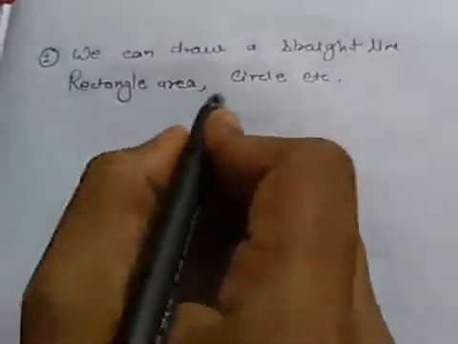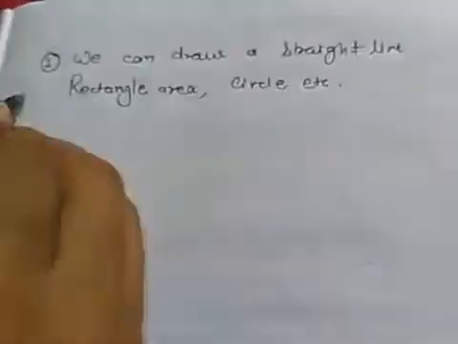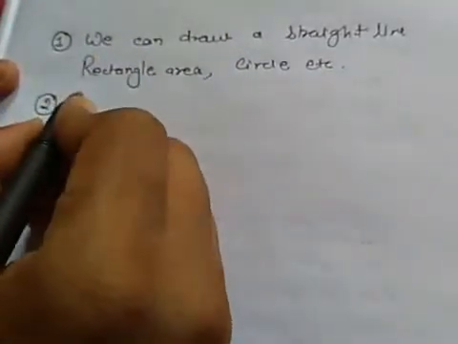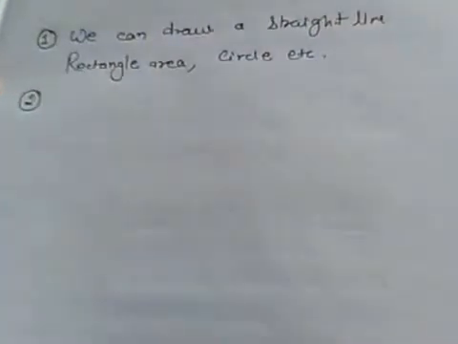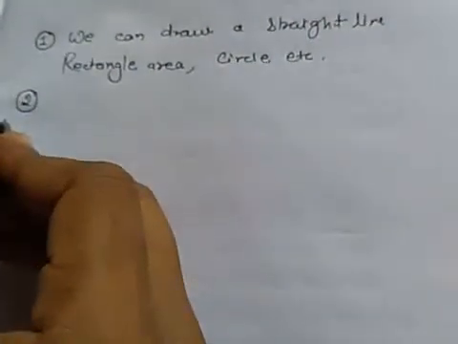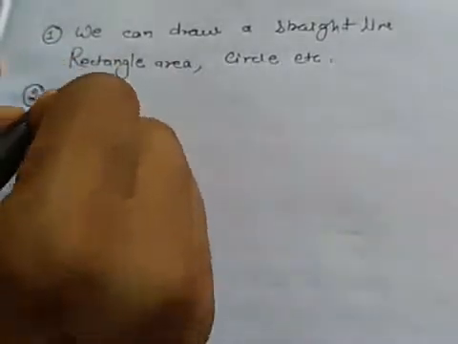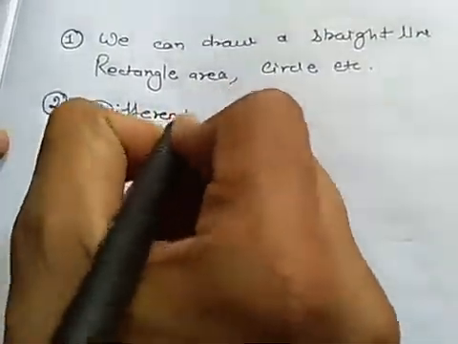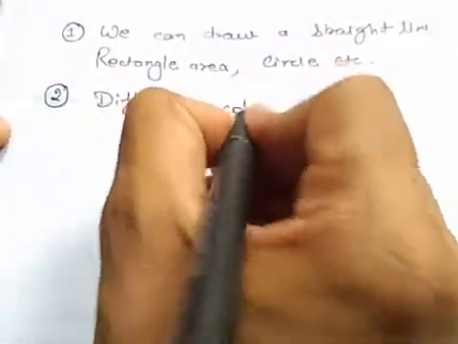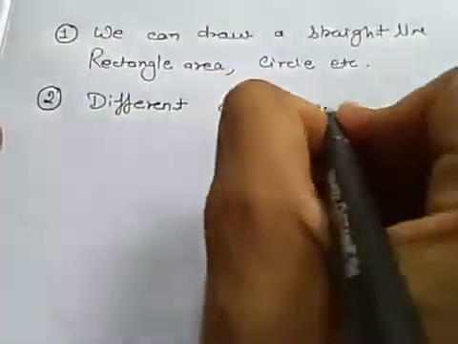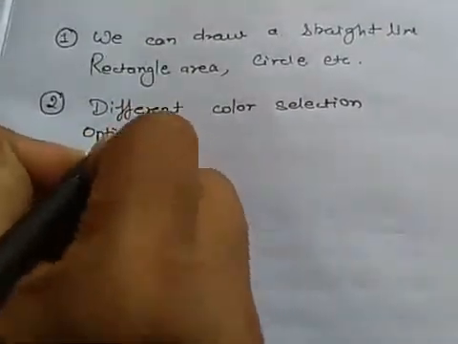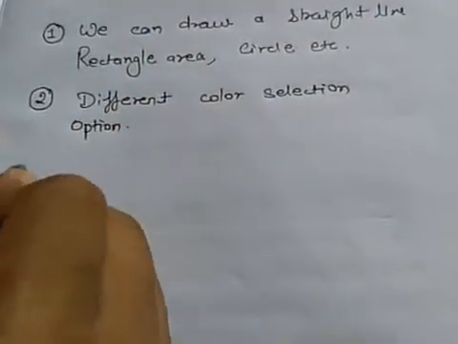We can draw a circle area, etc. Now the second thing in paint and draw tools is that we have different types of color selection. So we can get different color selection options in paint and draw tools.